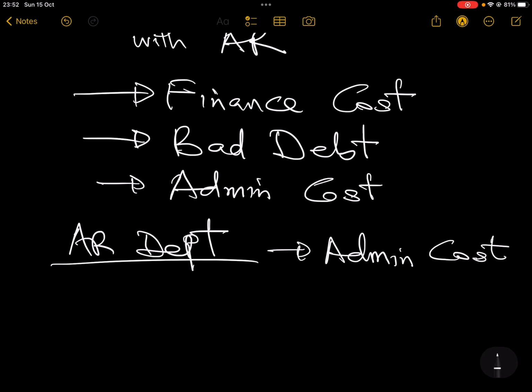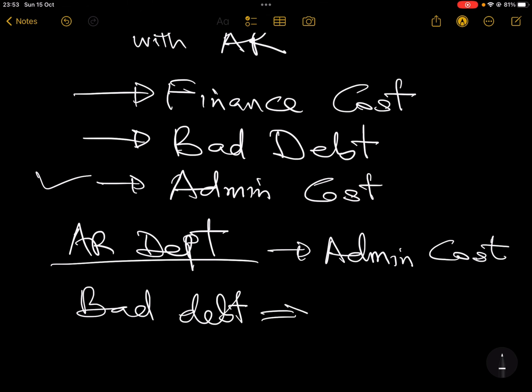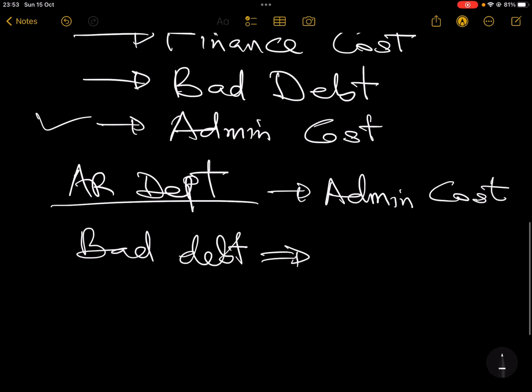Now, that's that. Bad debt is just the fact that when you are expecting to collect anything from anybody, be it money or any other asset, there is a risk of default.